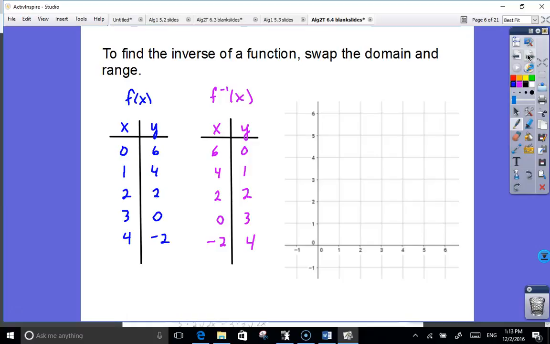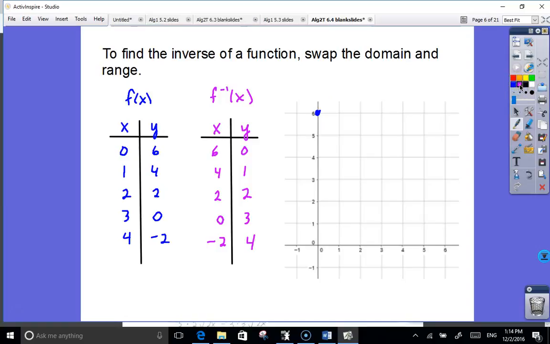Okay, notice the first point. In the function, f of 0 equals 6. Well, what point is that? If x equals 0, then what point is that? It's the y-intercept. It's 6. But if I flip them, now what point is that?